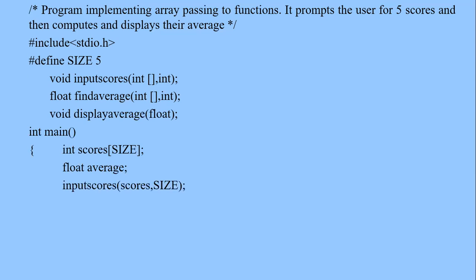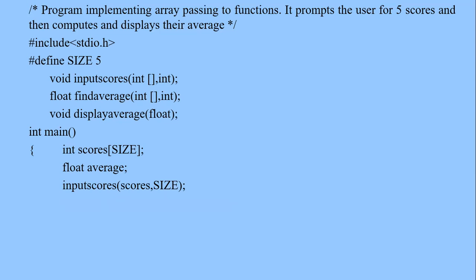This is a call statement to a function called input scores, a void function that is going to pass scores, that is an argument which is type array, and size, the content of memory location called size. So this is a call to a function called input scores that is going to pass two arguments. One argument being the array called scores, and the other one being size.